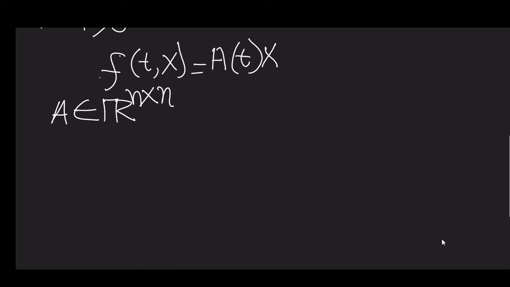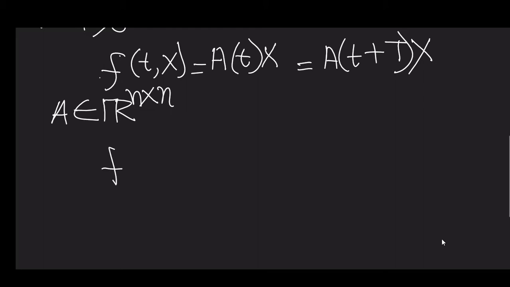Now if we have that same thing, but in addition it becomes periodic, then we'll call it a linear periodic equation or linear periodic system.